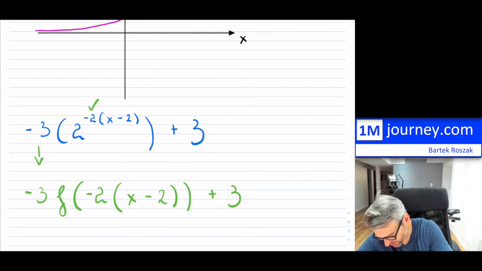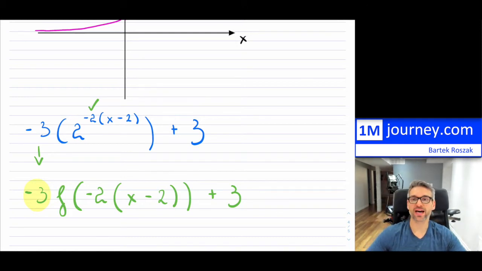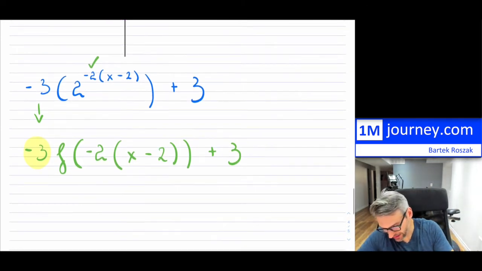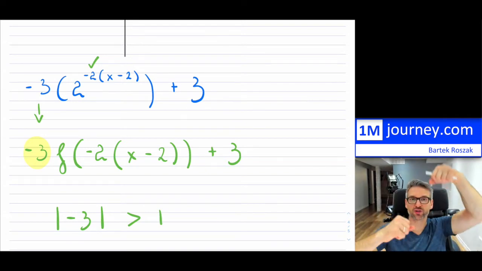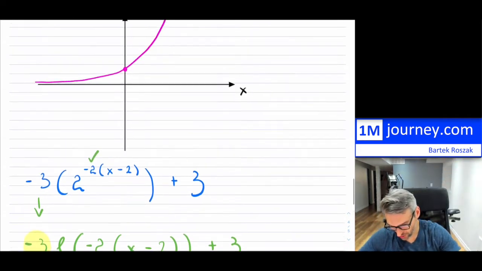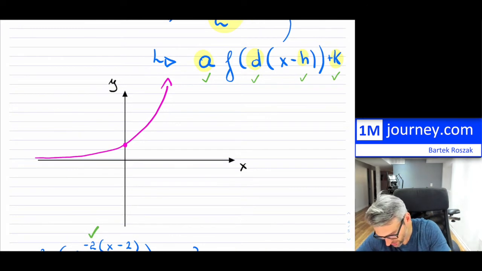So first, let's work with this. Now, what do we know about that A? That A either compresses or stretches in the Y. And if you recall, if the magnitude is greater than 1, then there is a stretch in the Y. So what you should see, I'm going to just jot it down.